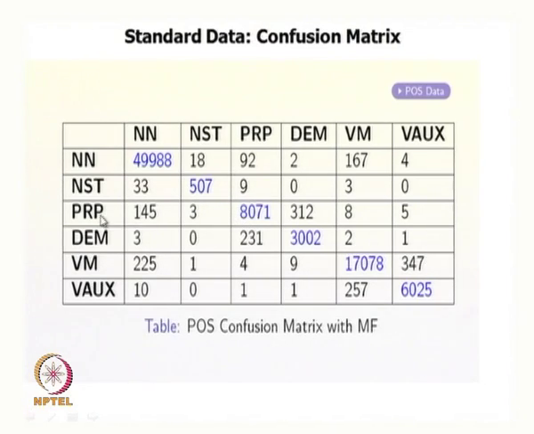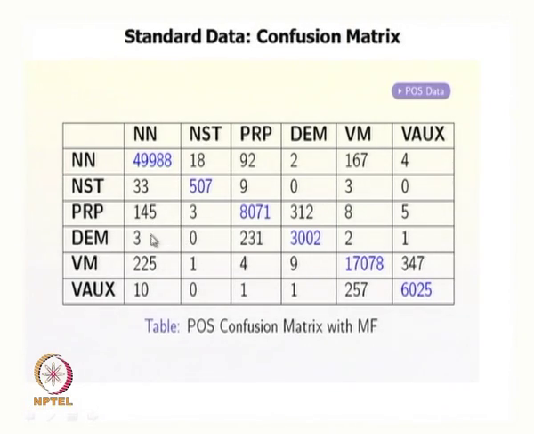All right. So, now this confusion matrix shows us where we should invest our money. Okay. When we are trying to improve the accuracy of the system, we have got all these accuracy figures or confusion matrix figures.